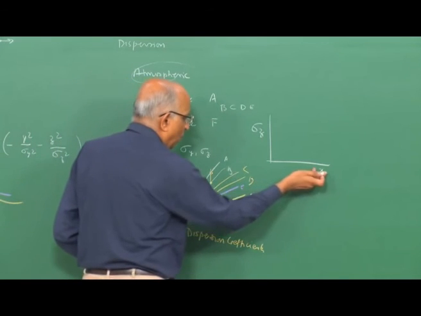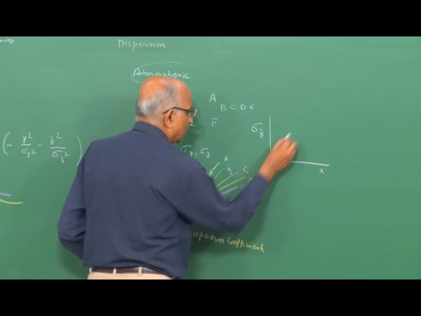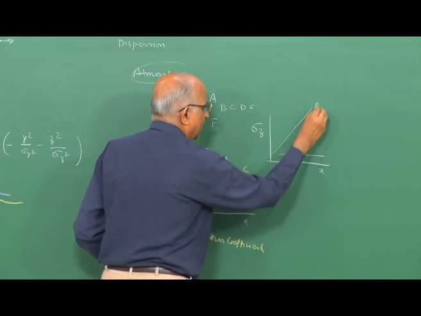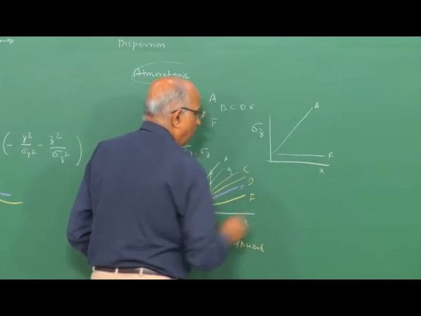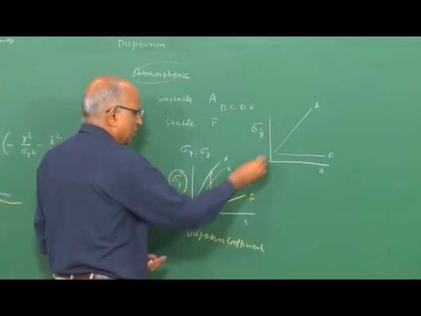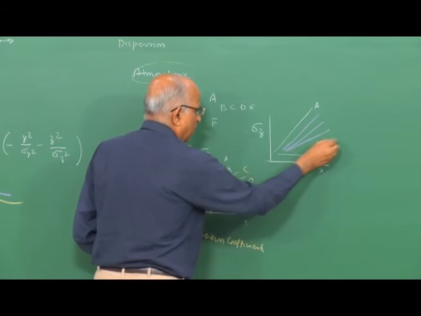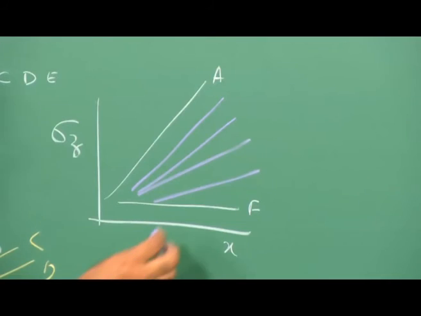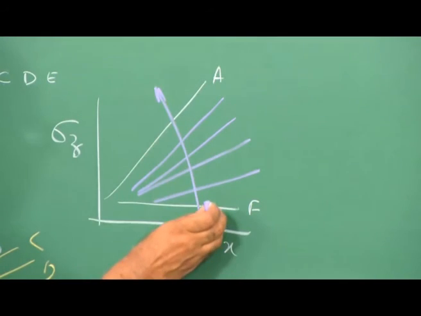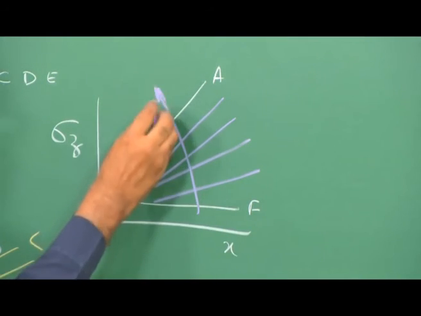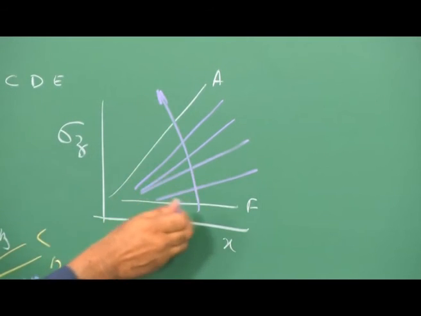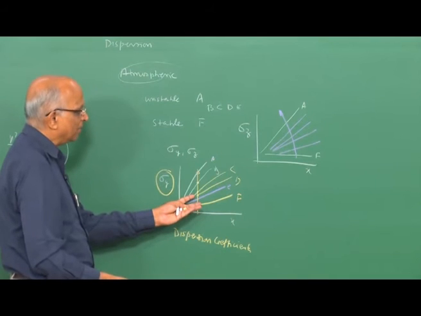That means, in the downwind direction, sigma z could be here for condition A, and for condition F it could be over here, it is not increasing at all, it is a small number, and similarly for B, C, D and E there are different values. As we go from stable F to the unstable condition, the dispersion coefficient increases in both sigma y and sigma z.